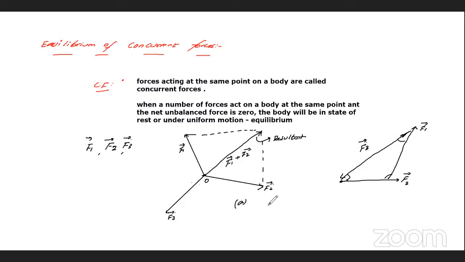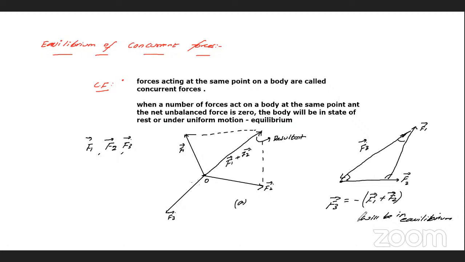Here F3 is acting on the body, but in the opposite direction. So we can say that F3 vector is equal to minus of F1 vector plus F2 vector. Then only the body will be under equilibrium.